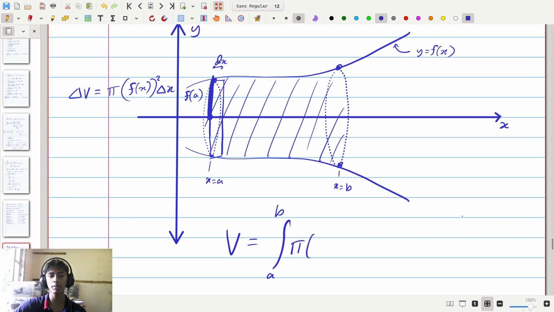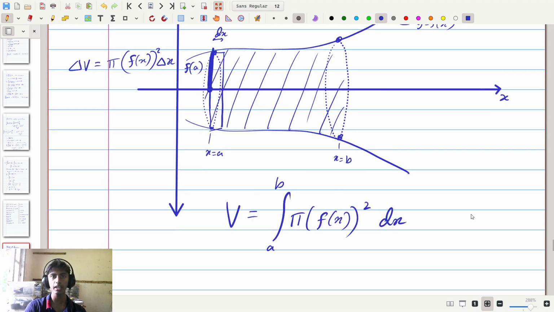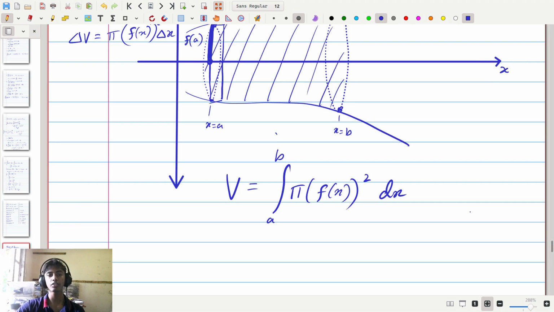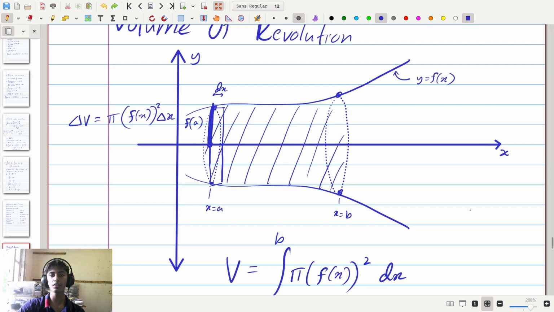So pi times f of x squared, as we change the variable dx, as in as we change x, what happens to pi times f of x squared, and we do that from x equals a up to x equals b. So this right here is the expression for the volume in between the surface created by this graph and the x-axis.